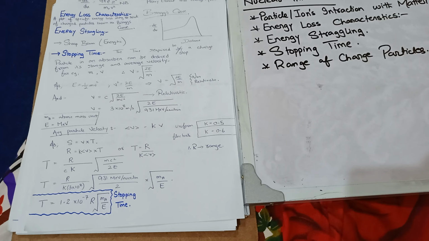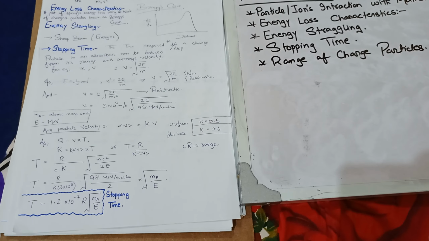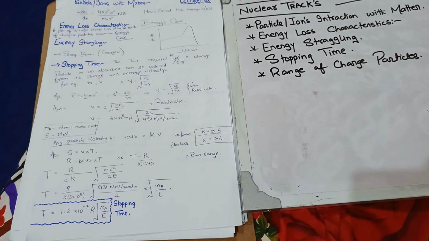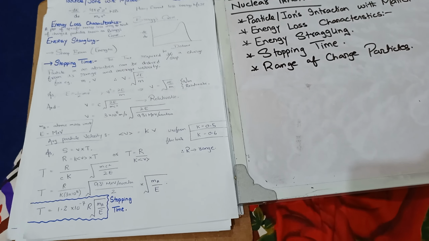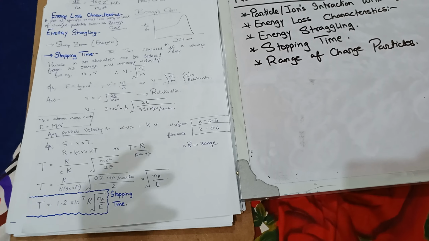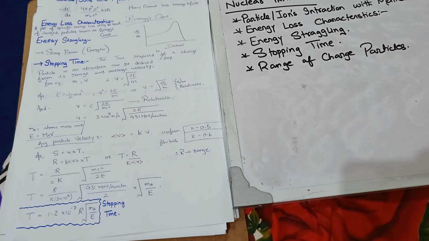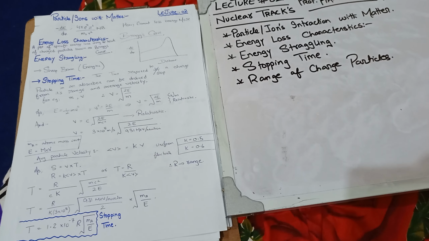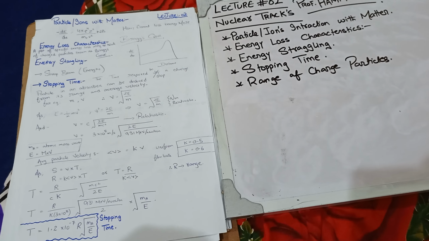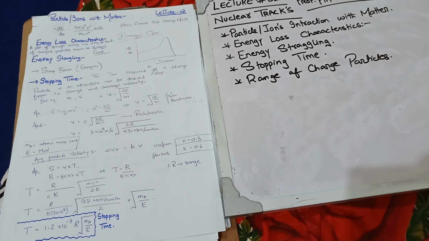The next concept is stopping time. What is stopping time? As the name says, we have to stop something, because we are studying particle interaction with matter, so we have to stop the particle or ion when it penetrates into the material.